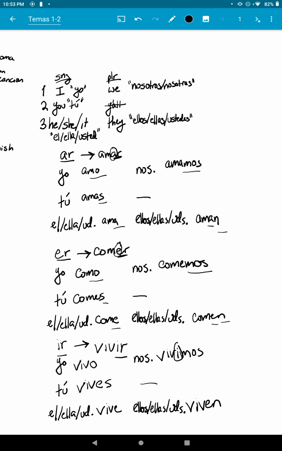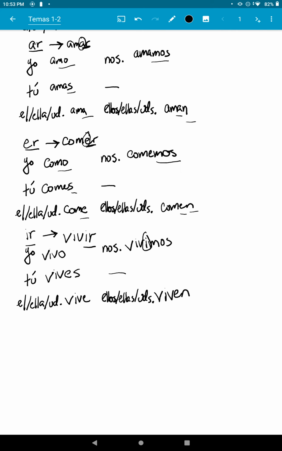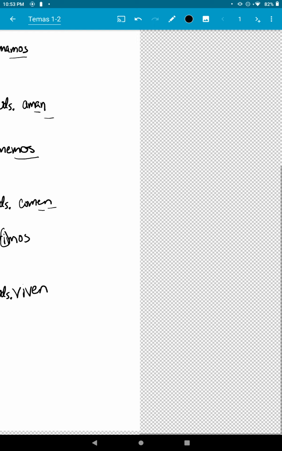We, nosotros o nosotras, depending on the situation. He, she, él, ella, and then you, formal. Usted. And then, of course, best for last, I. Yo. Very good.